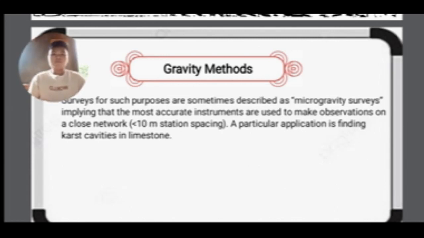Gravity method surveys for such purposes are sometimes described as microgravity surveys, implying that the most accurate instruments are used to make observations on a closed network. A particular application is finding karst cavities in limestone.